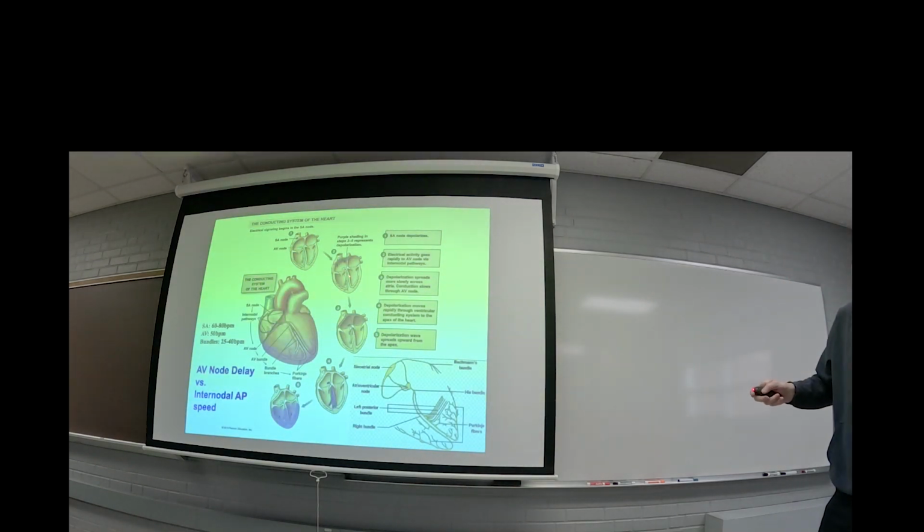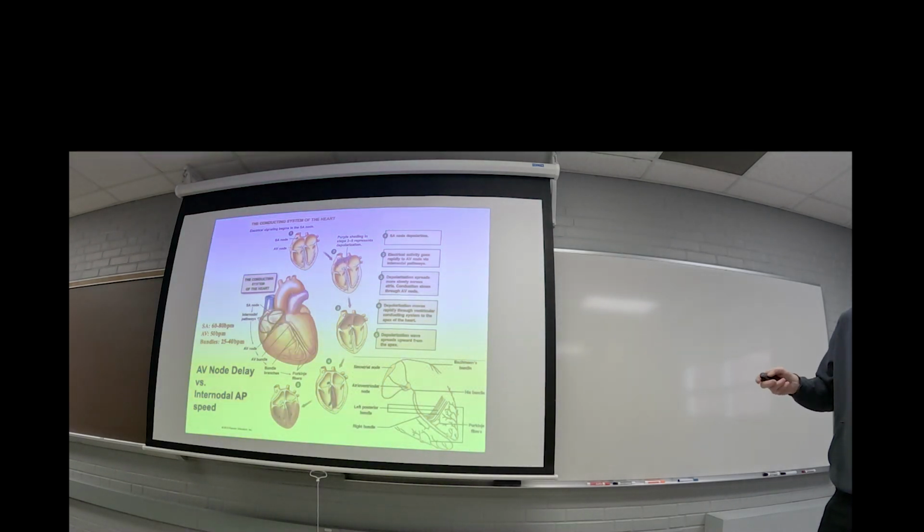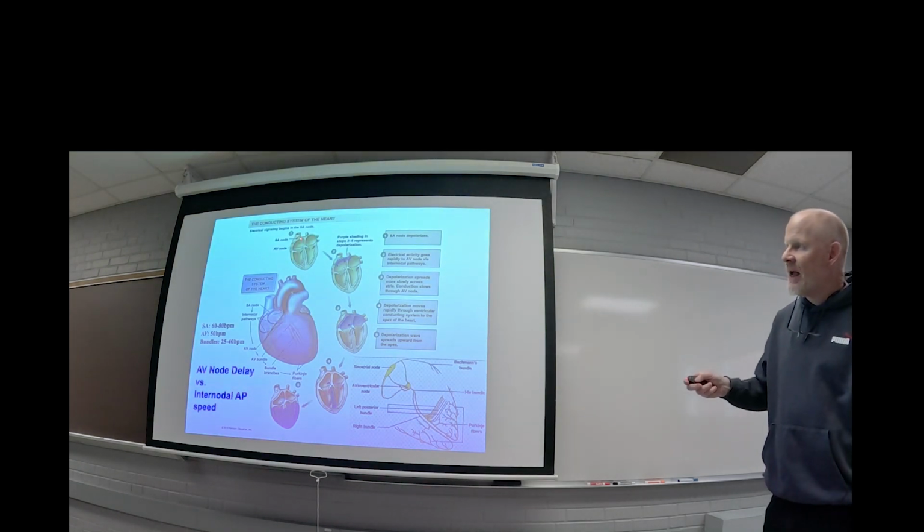The cool thing about this image is it shows the spread of the action potential with each beat. Our beat starts up in the SA node, which depolarizes first, and then it spreads toward the apex.